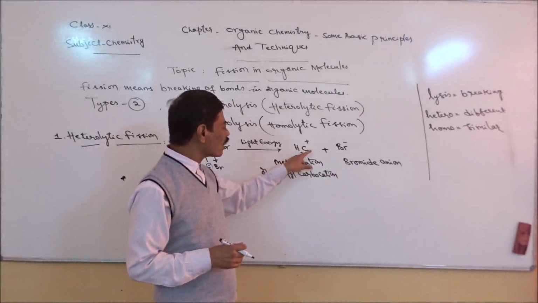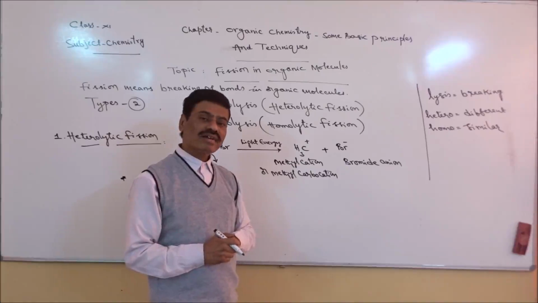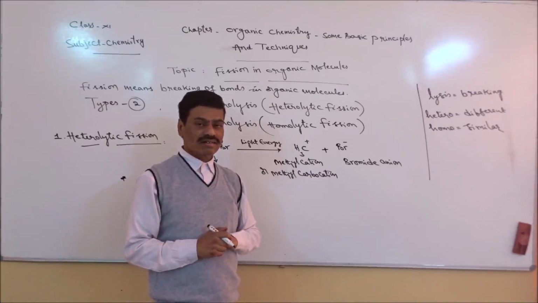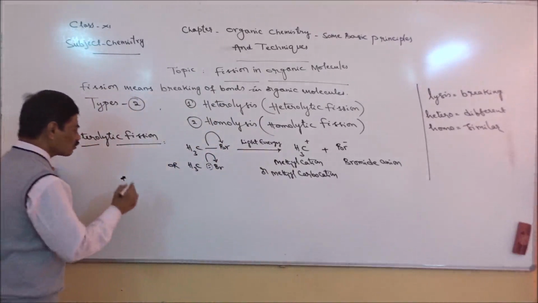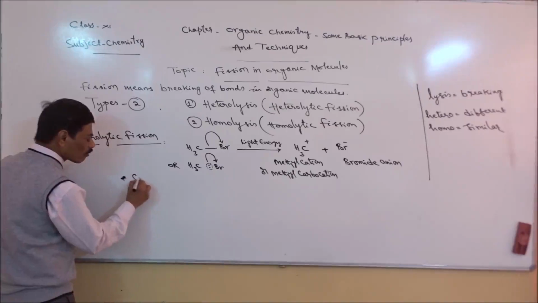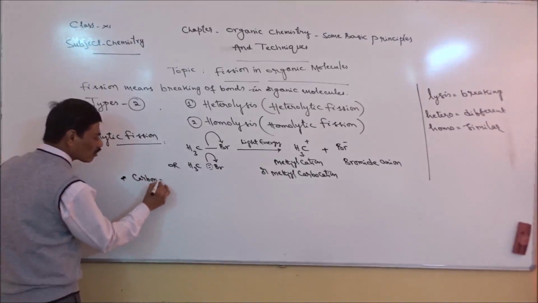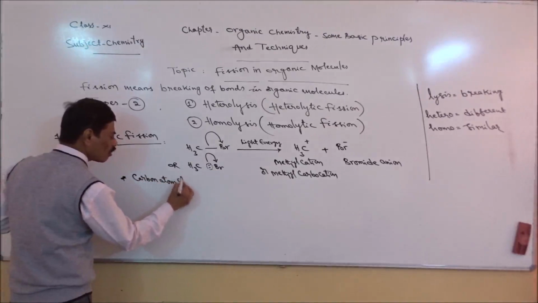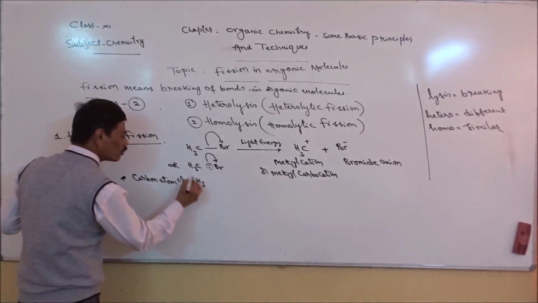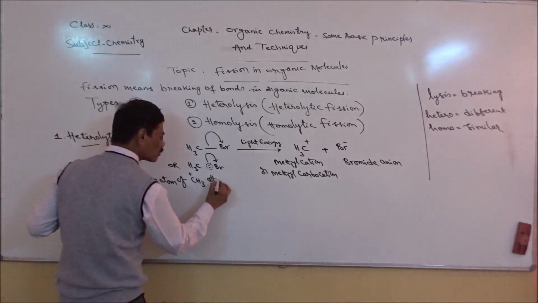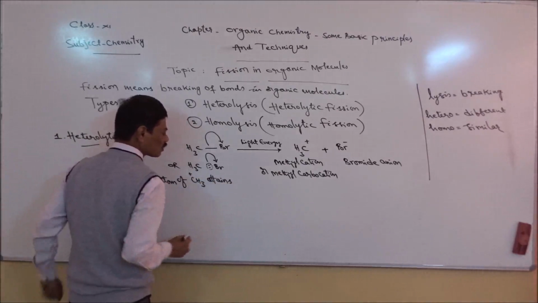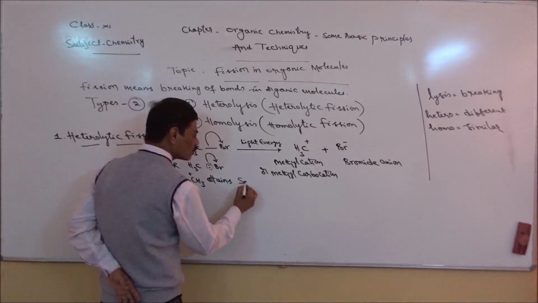If you take the carbon atom of the methyl group, that contains 6 electrons. So, we can write: carbon atom of CH3 attains sextet.